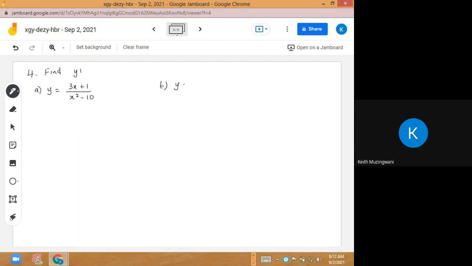B, y is equal to 4x squared multiplied by (x plus 4) to the power 2 over x to the power 3 over 2. Solution.